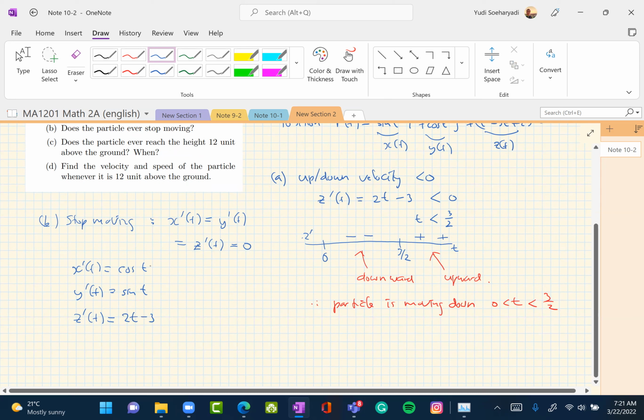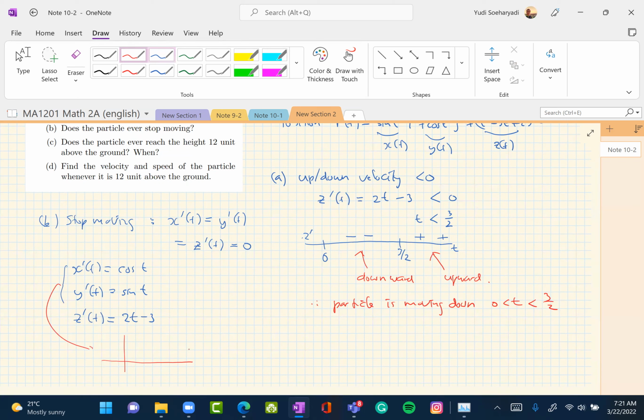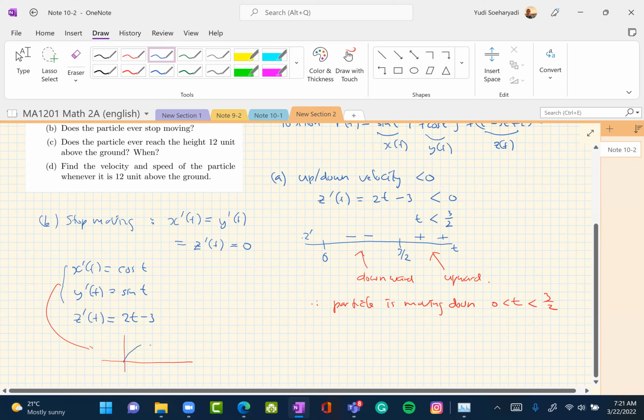Sine and cosine are the same at pi over 4, and then at 5 pi over 4.